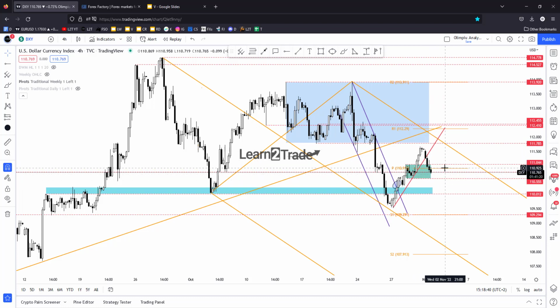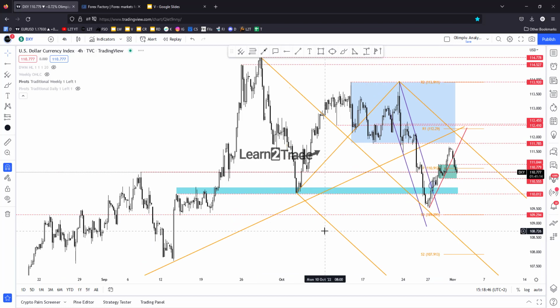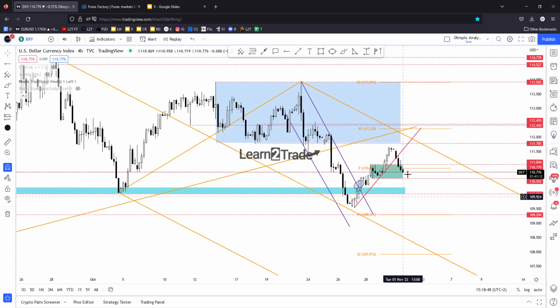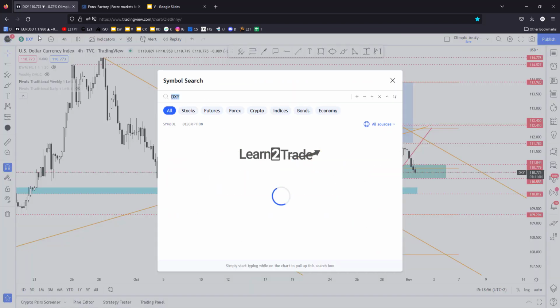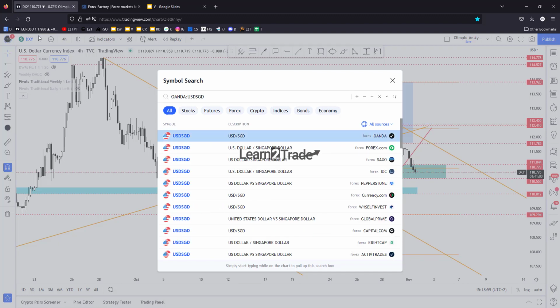And also it has ignored the weekly pivot point here, and right now it challenges this key level 110.77. A new lower low here could signal a potential deeper drop in the short term. So that's why the US dollar depreciated versus its rival. So US dollar versus the Singapore dollar.